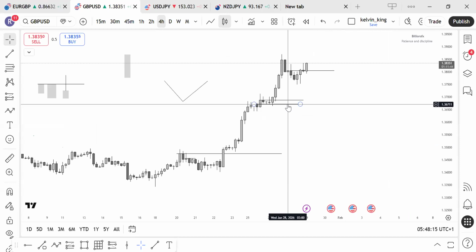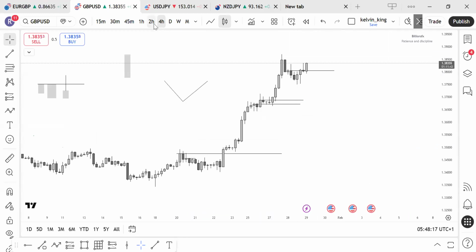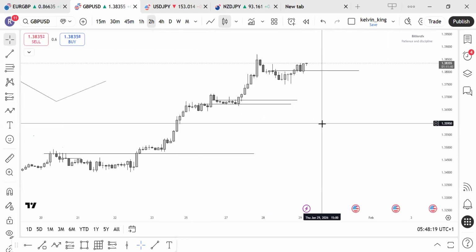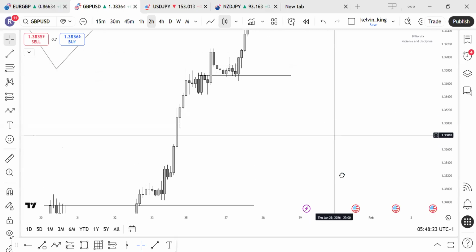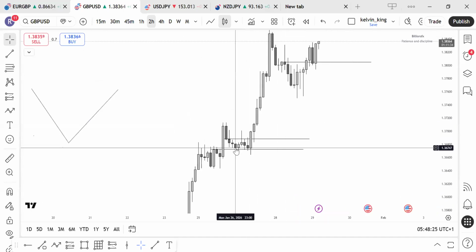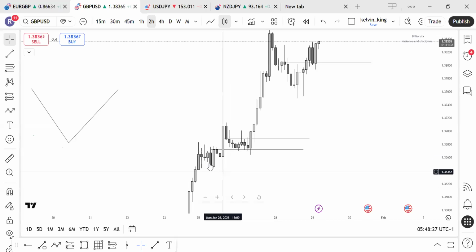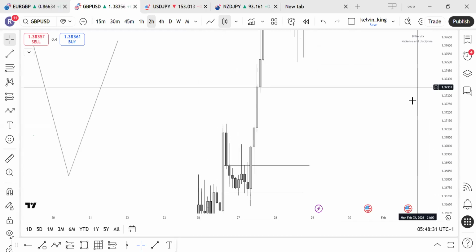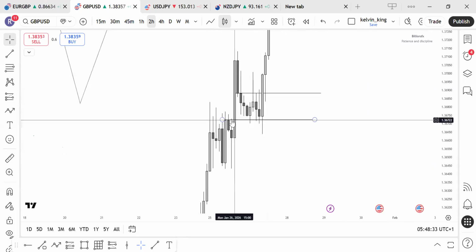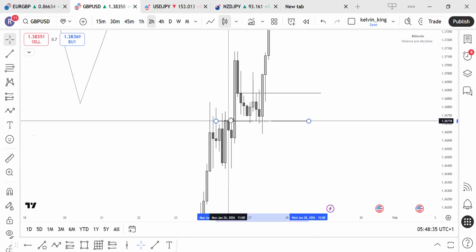Go to 2 hour. Do you notice that in these 2 hours, there is a third candle rejection here?